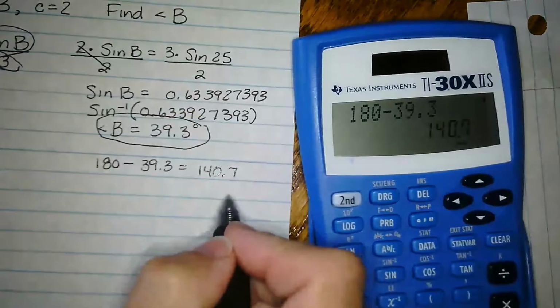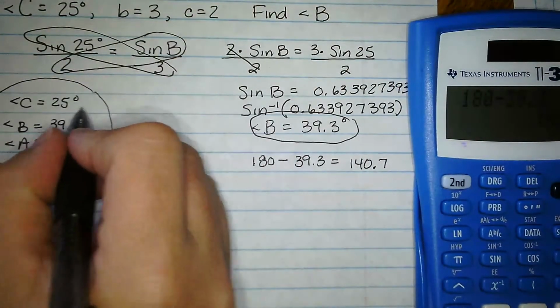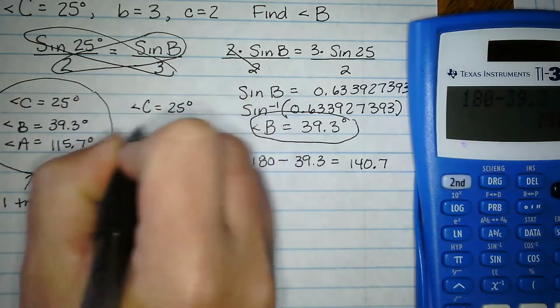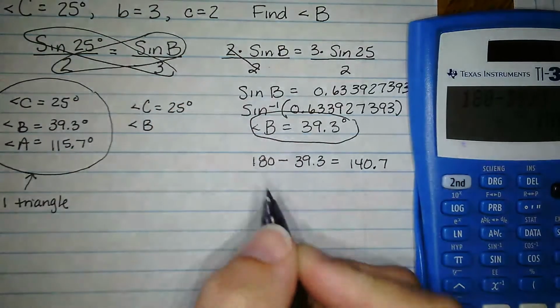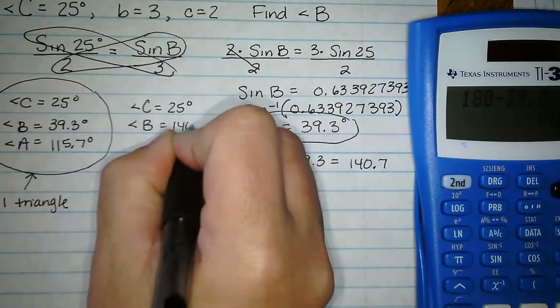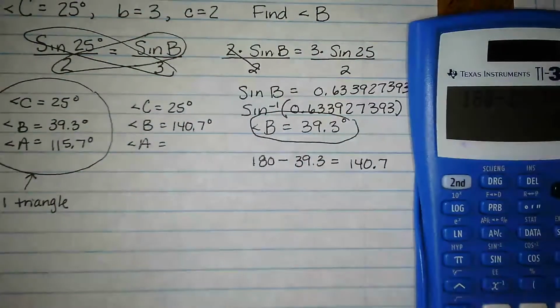Let's see if there's enough space for it. If there's enough space, our angle C is still 25 degrees. Our new angle B for quadrant 2 is 140.7.